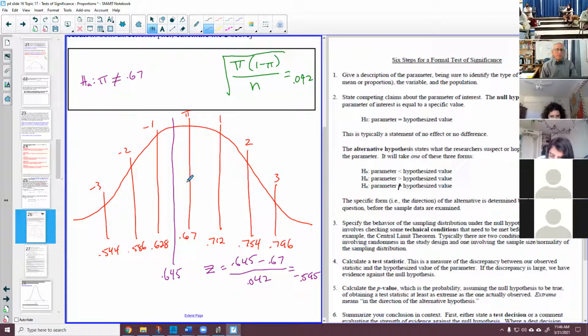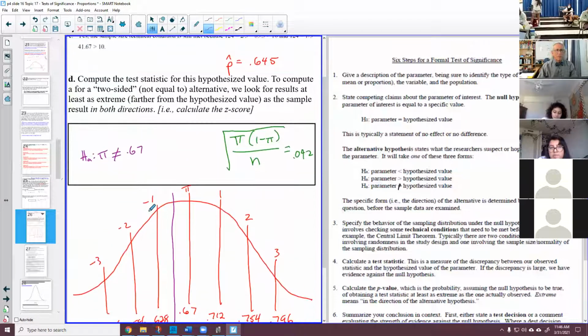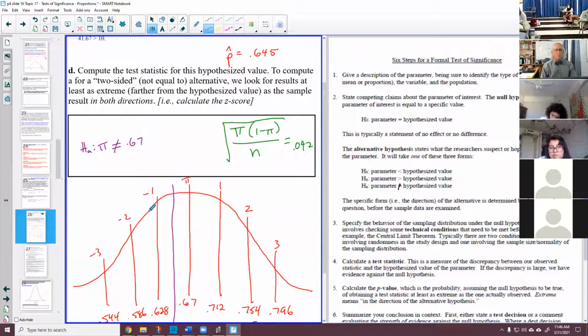If I'm saying it's not equal to 0.67, then I need to look at it on both sides.